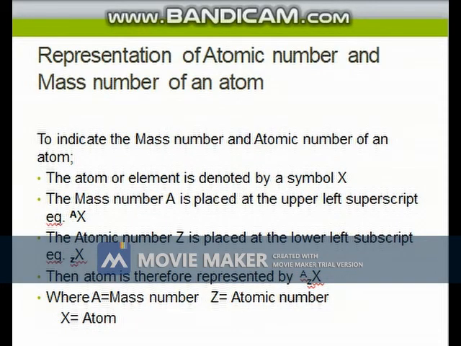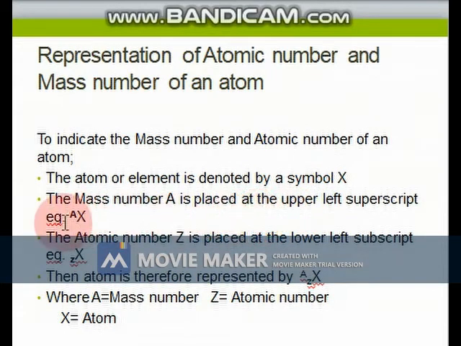Now proceed. Now the representation of atomic number and mass number of an atom. We have had some idea about how it is represented. So let's just go on. Now to indicate the mass number and atomic number of an atom, the atom or element is denoted by a symbol X. So then the mass number A is placed at the upper left superscript.